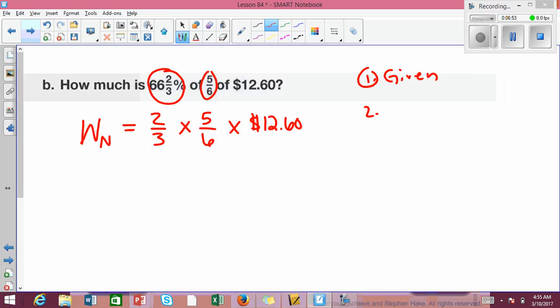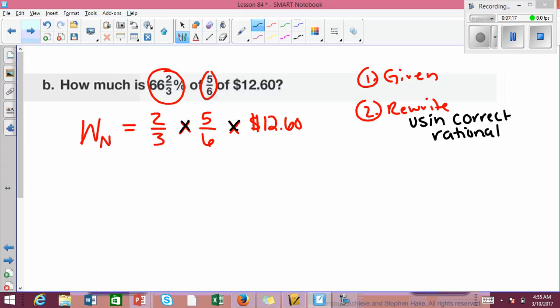Here we are going to rewrite it with symbols, using the correct rational numbers.